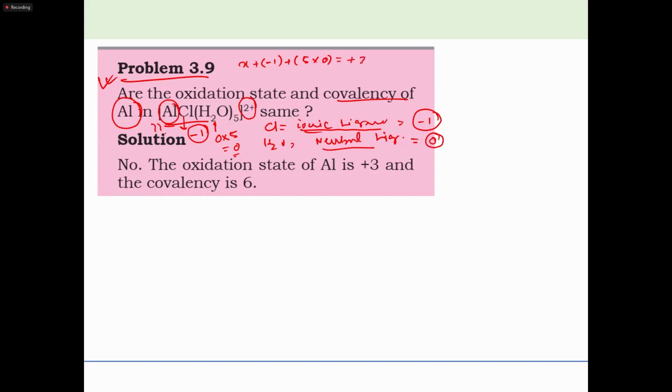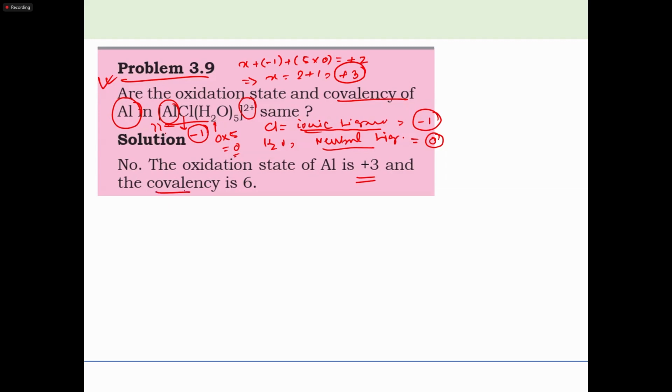So X equals plus 2 plus 1 equals plus 3. So aluminium has the oxidation state equal to plus 3.